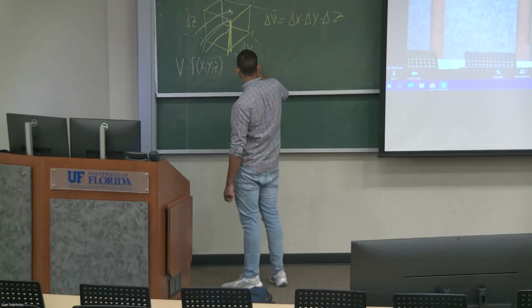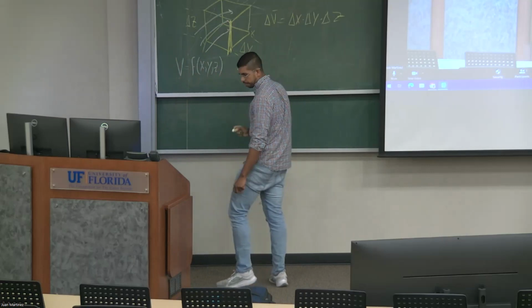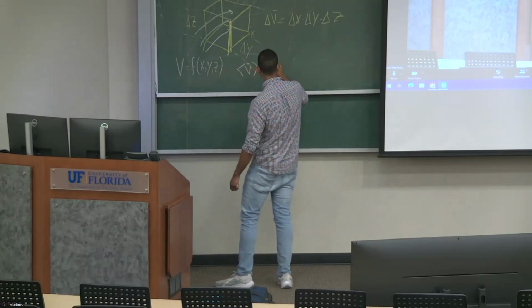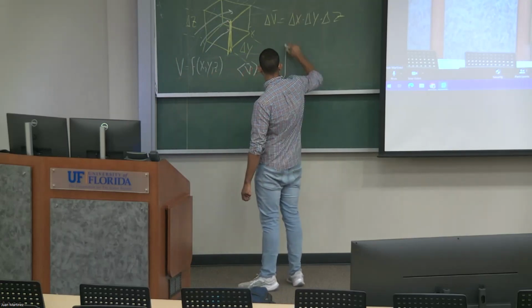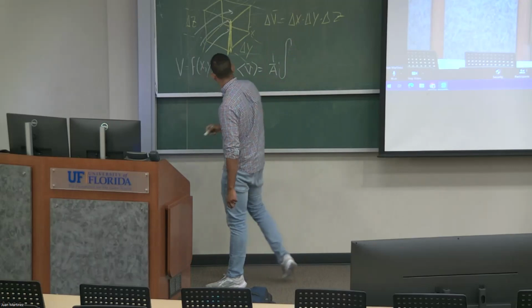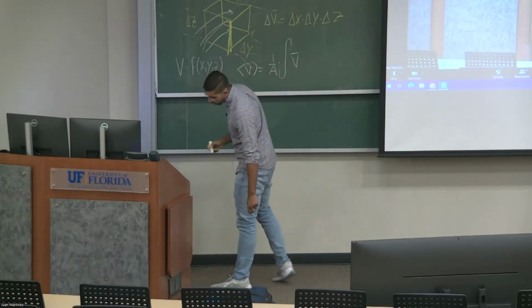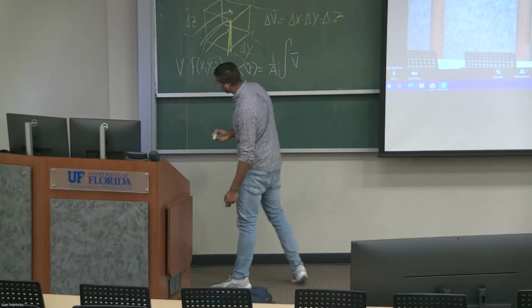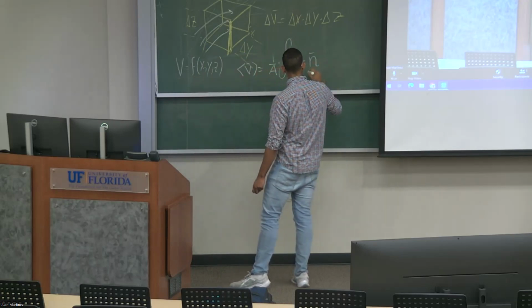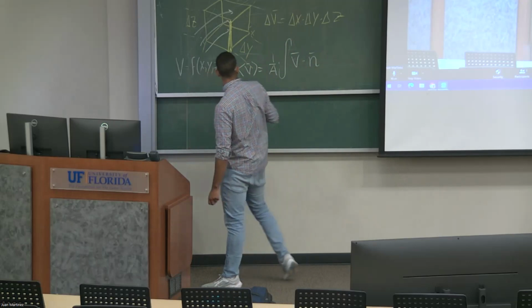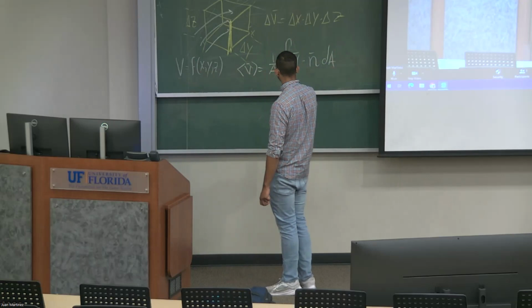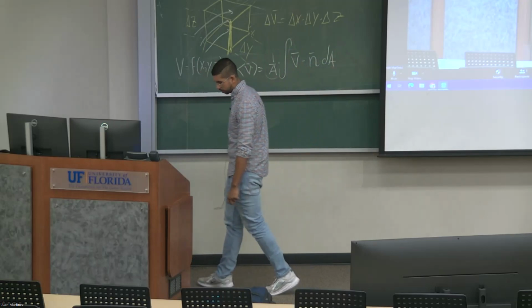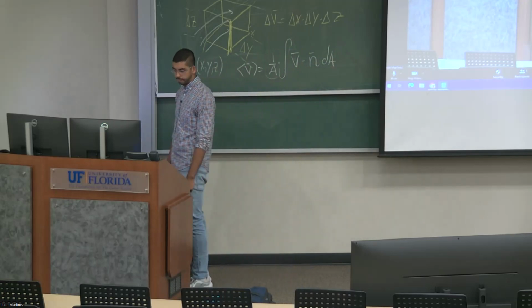The average velocity is going to be equal to 1 over A times the integral of the velocity, this is the dot product of V and dA. Yes, scalar.